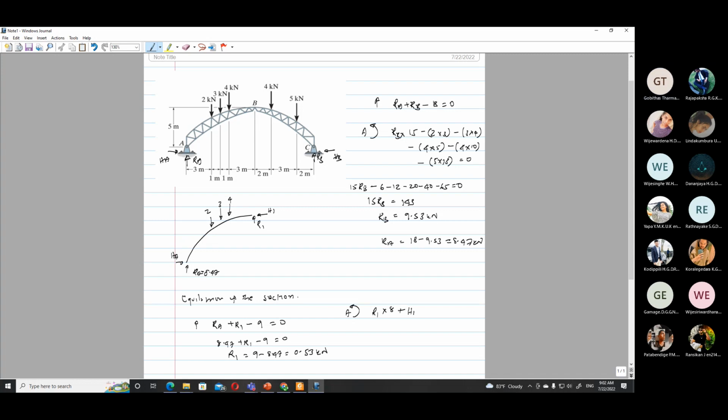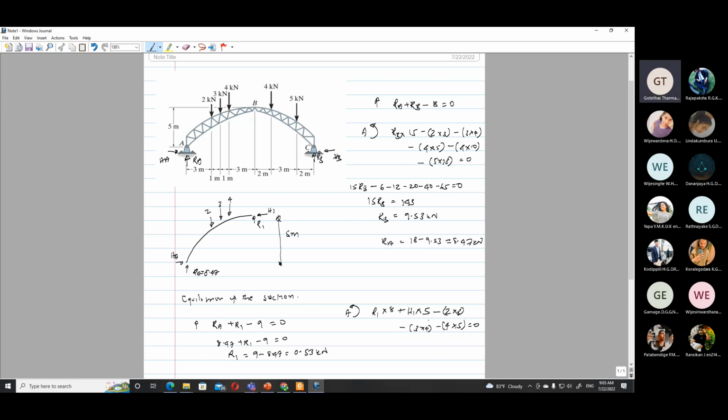plus H1 into the distance of 5 meter. This distance is 5 meter, it is given in the figure. H1 into 5 minus 2 into 3 minus 3 into 4 minus 4 into 5 is 0.